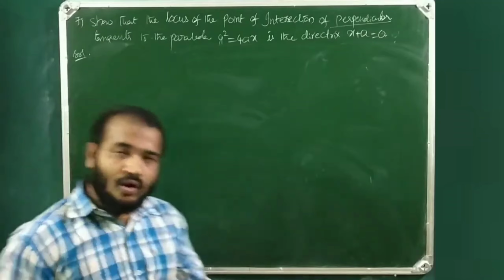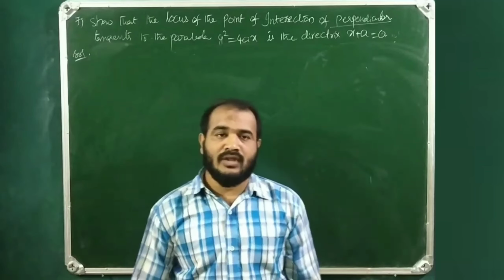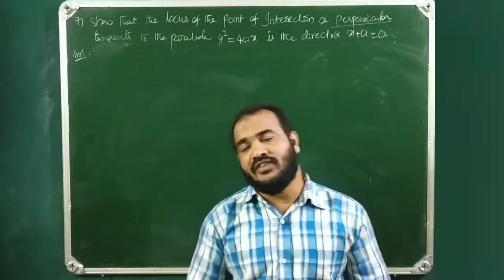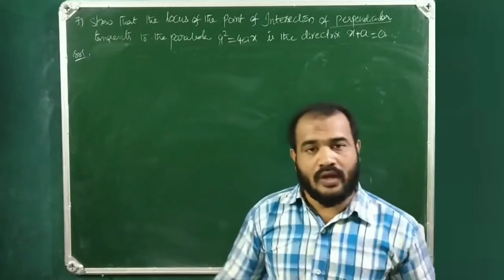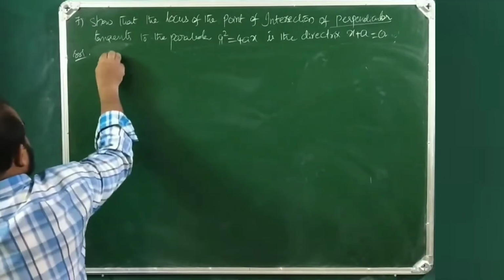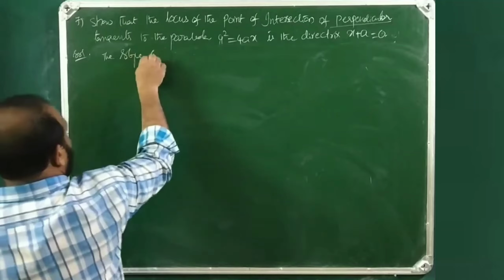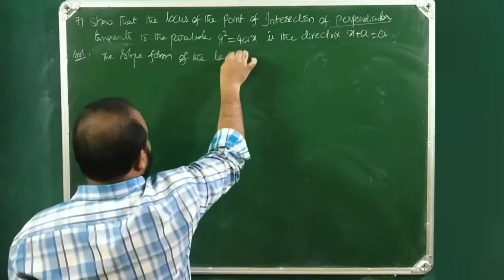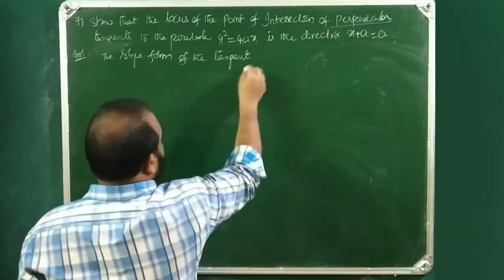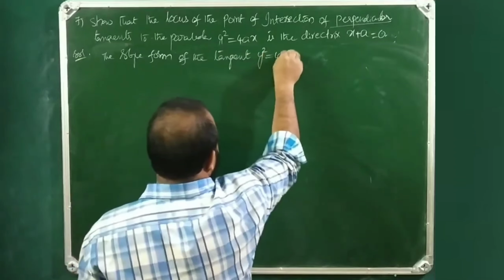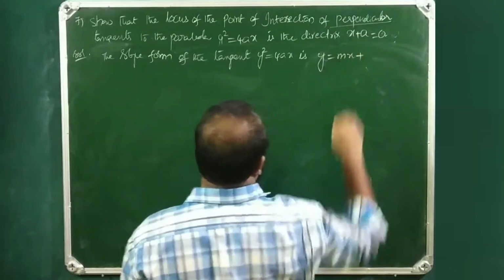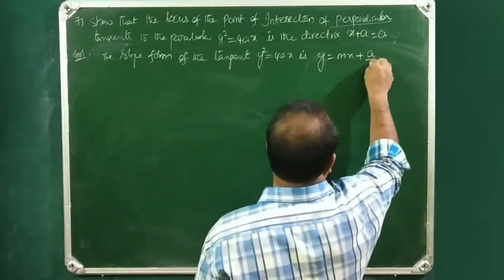Or we can do this problem in another alternative way. So let us take the slope form of the tangent to the parabola y square equals to 4ax. The slope form of the tangent to y square equals to 4ax is y is equals to mx plus a by m.